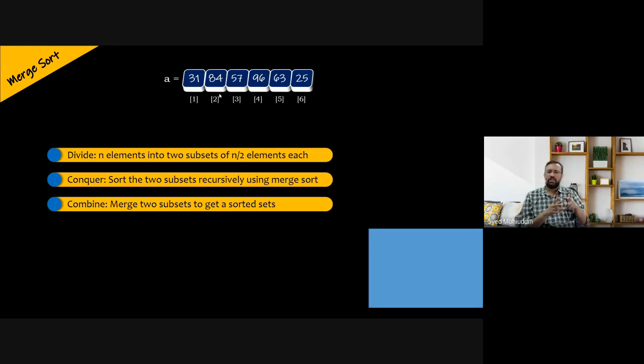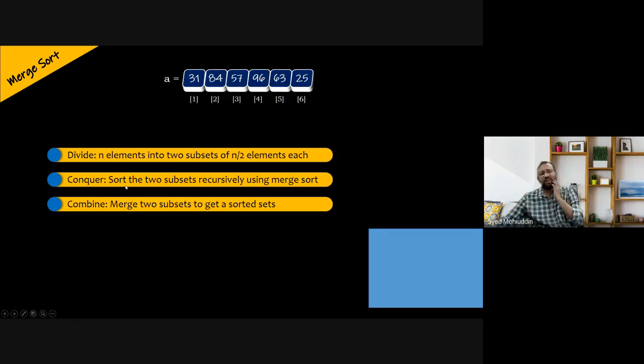The idea of merge sort is that when only one element remains in the subset, that element is already sorted. So we divide into subarrays until there is only one element left, which means it is sorted.